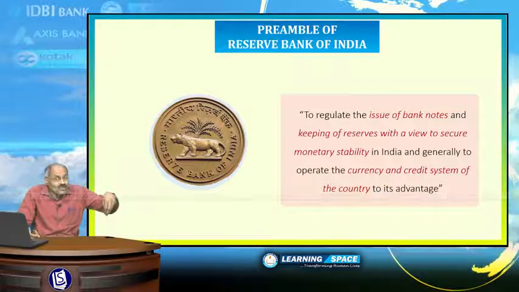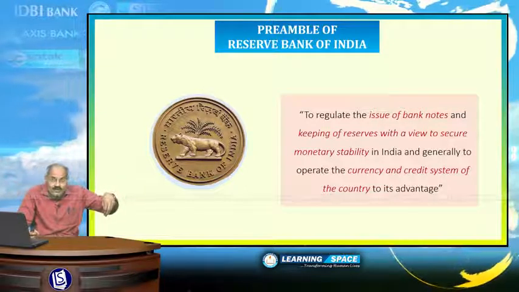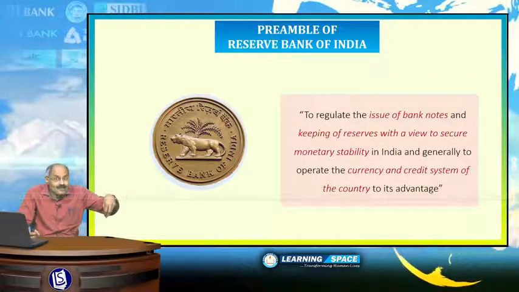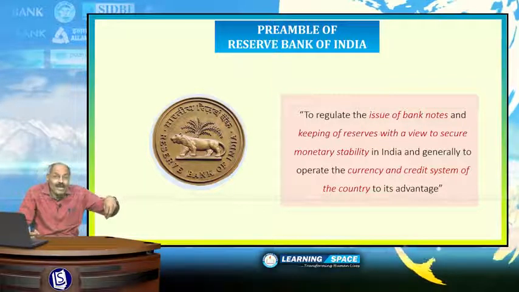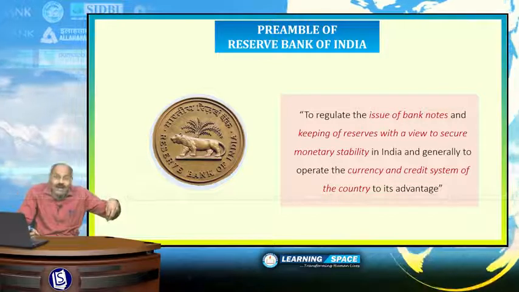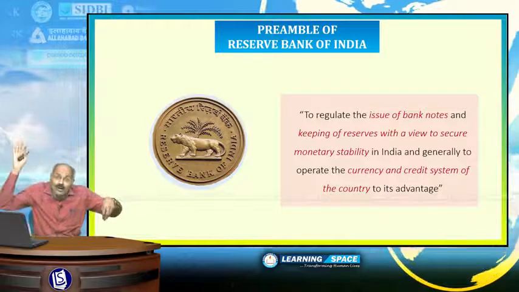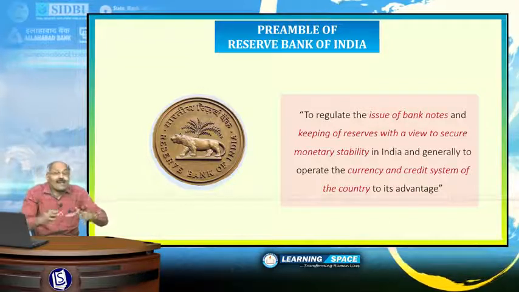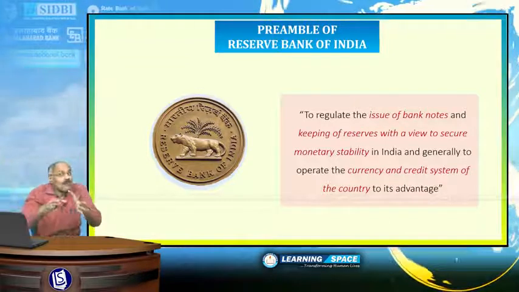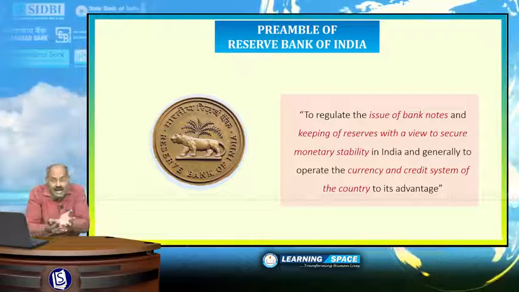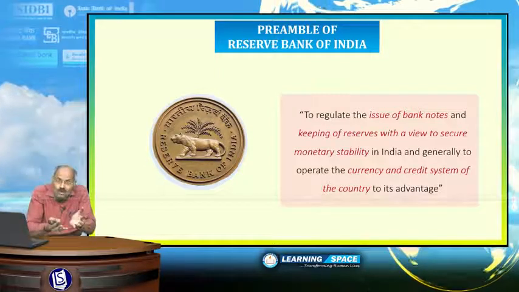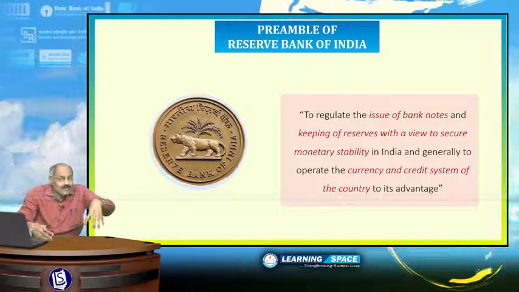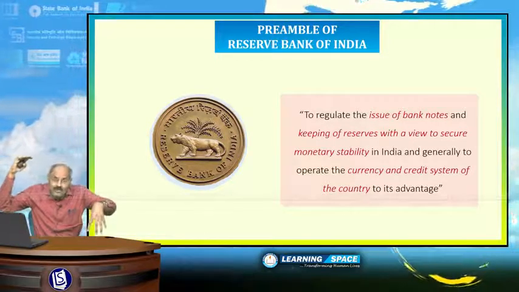How many banknotes are to be issued, and the calculation part and the design part, everything is formulated by Reserve Bank of India, but finally approved by Government of India. Please don't forget. The Reserve Bank of India will recommend to Government of India how many currency notes are required, what is the design of the currency notes. So, these are all recommended by the Reserve Bank of India and finally approved by central government.